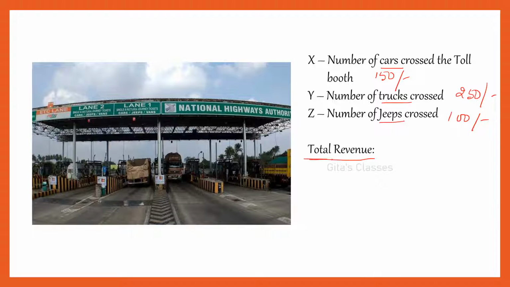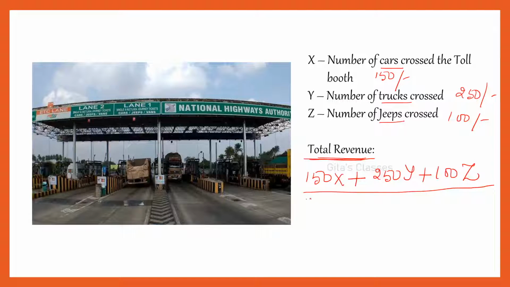If you want to calculate the total revenue, then 150 should be multiplied by capital X, the number of cars crossed, plus 250 rupees multiplied by trucks, that is Y, plus 100 into Z for jeeps, right? So this will give you the linear combination.